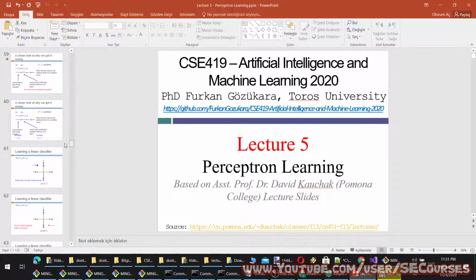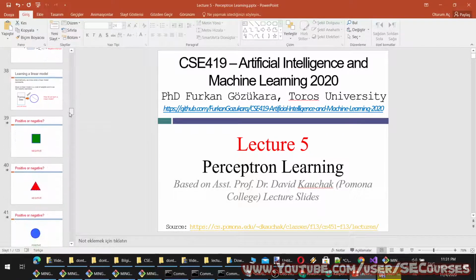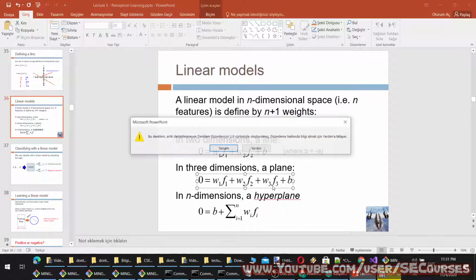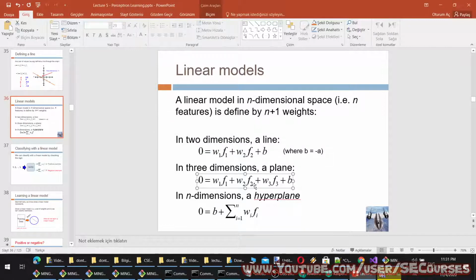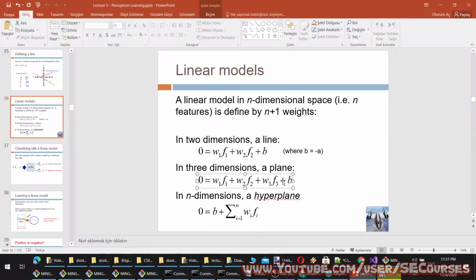Maybe we can do that from here. The iris data, since it is 4-dimensional, would also have an extra W4 and F4, plus B. So it would have five weights since it has 4 dimensions.